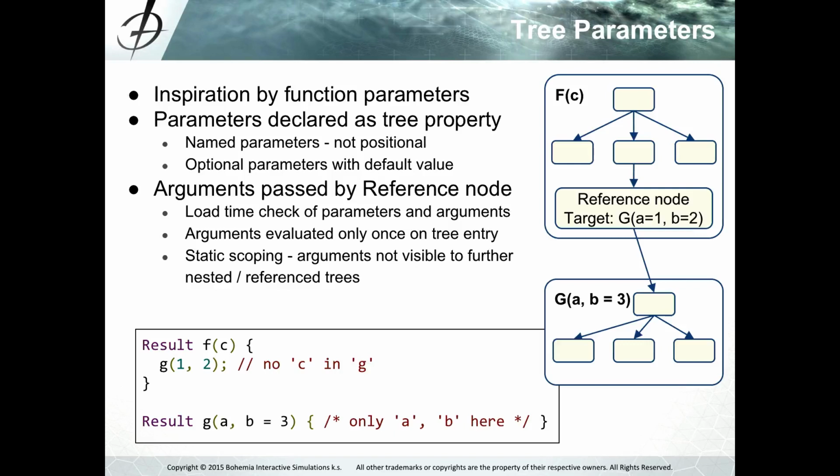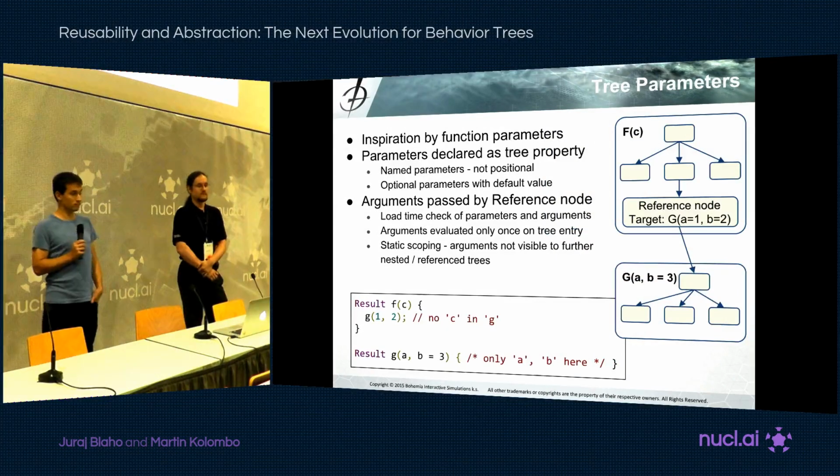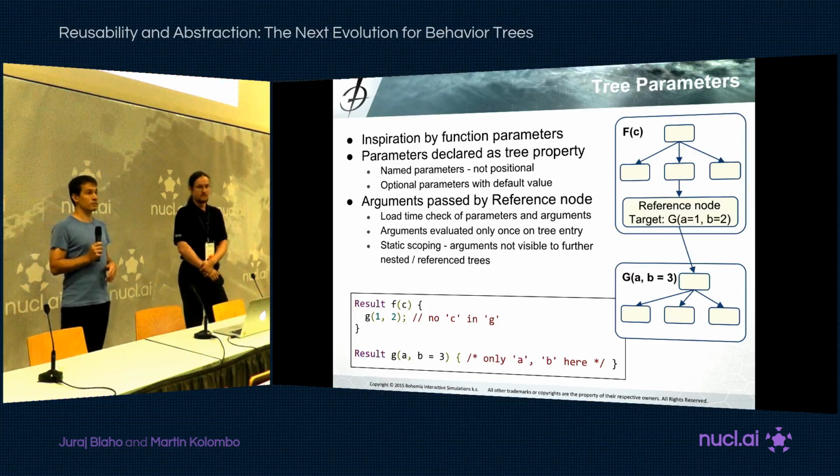Because the reference node is actually our function call operator, it's also the place where arguments are evaluated. So the values for parameters are evaluated, and it's checked at load time that the parameters a tree requires are matched with the arguments that the reference node actually passes to the tree.